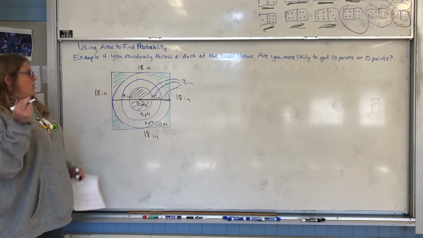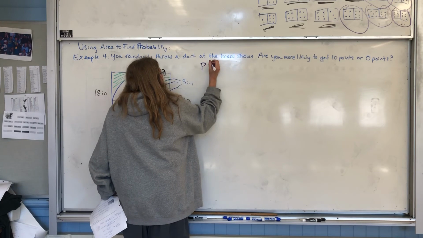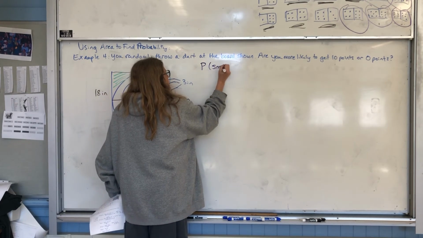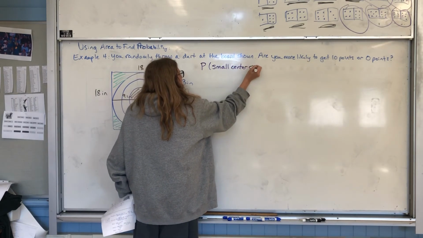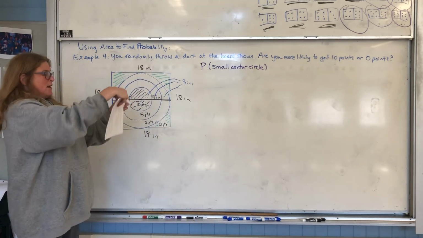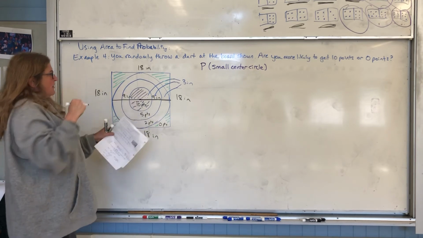So let's think of what we want here. We want the probability of the dart landing in the small circle. That's for 10 points. So let's think about this in terms of the figure here.